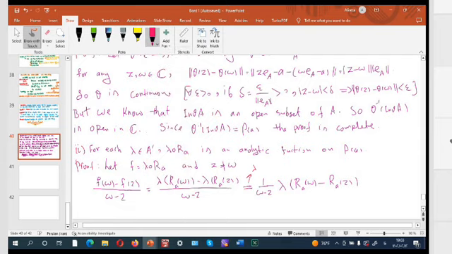You know that lambda is considered in the dual of A.